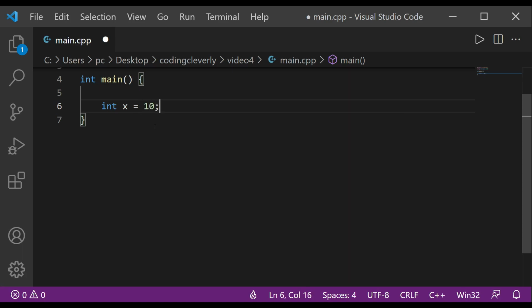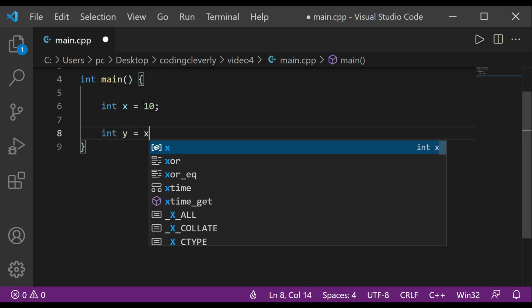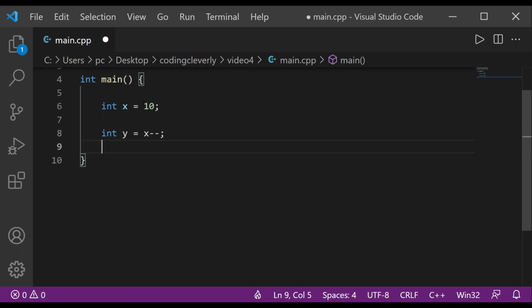Then we assign our new variable y the postfix operation, x--. And then we console output x, a space, and then the variable y.